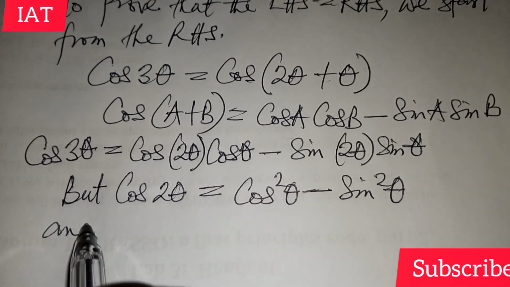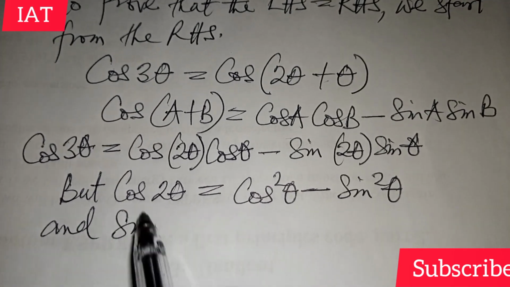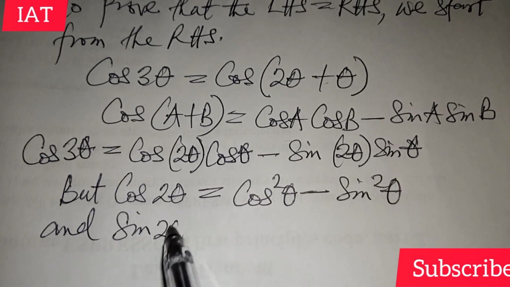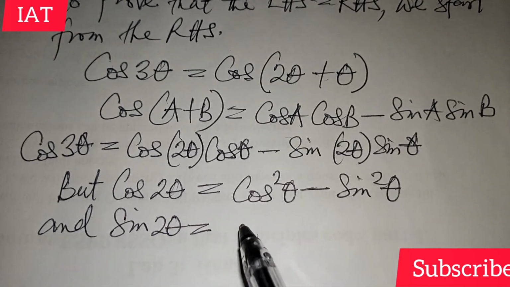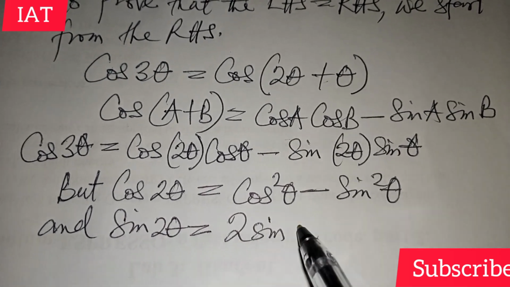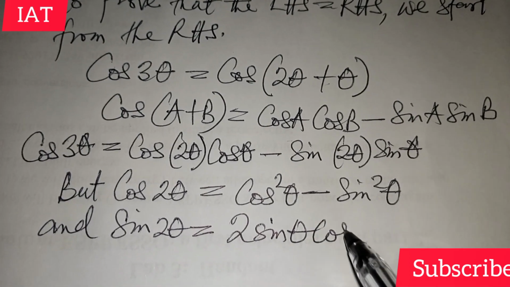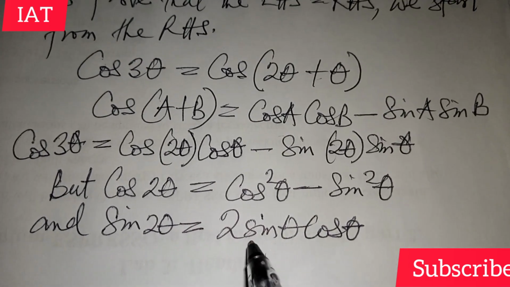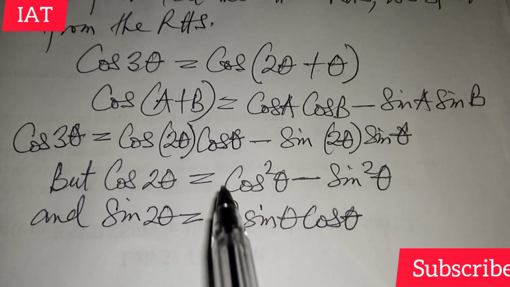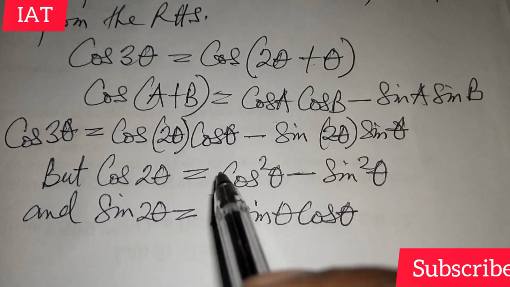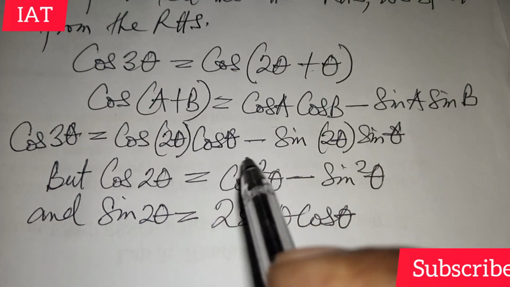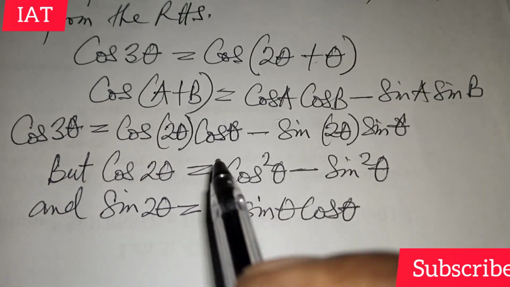And also we know that sine 2 theta has a meaning, and that is 2 sine theta cos theta. That is also there in trig. So I want to plug in these two formulas in these expressions. And how can I do that?